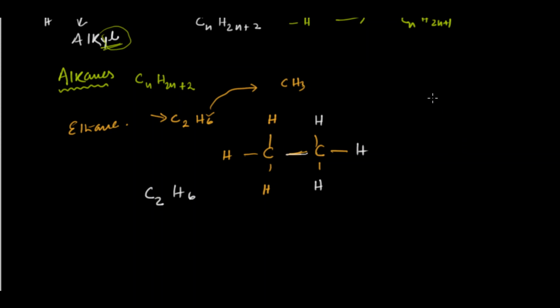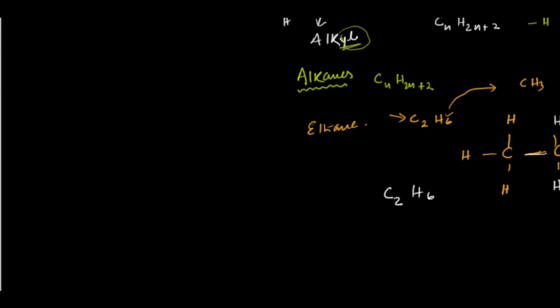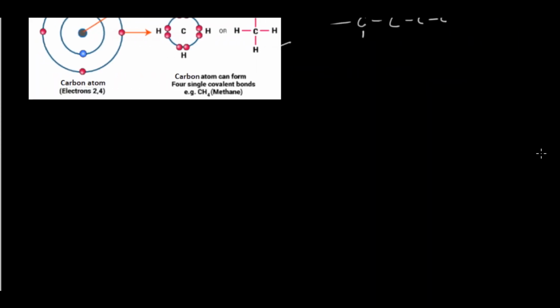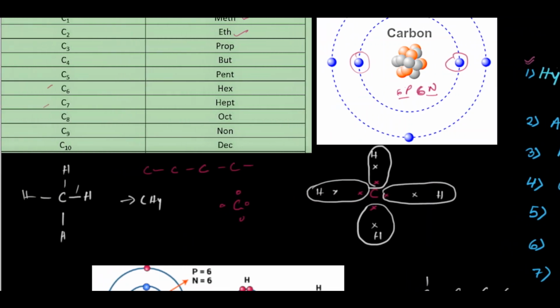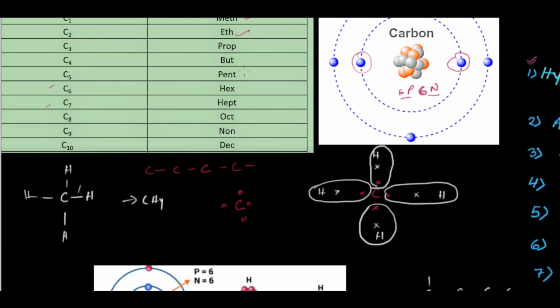Okay, let's try to name this one. C4H10. What do we call C4? For 4 carbons, we call it but.